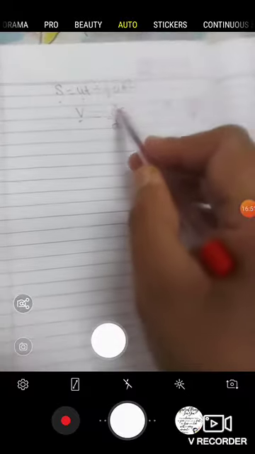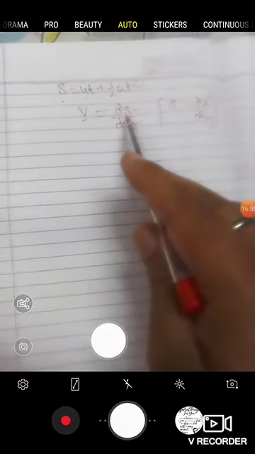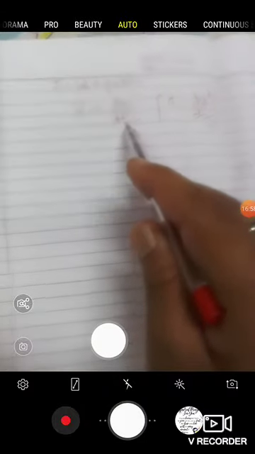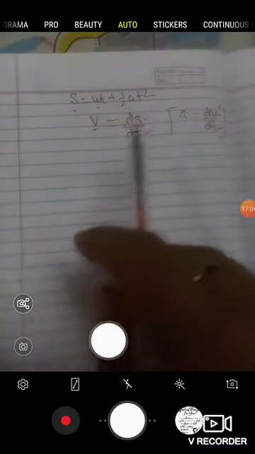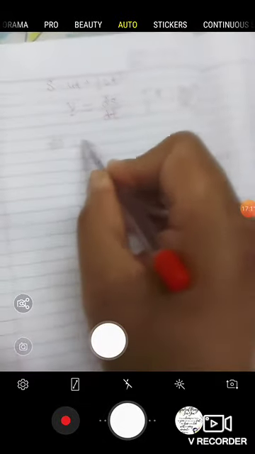Similarly, velocity is the rate of change of displacement. Here I have taken displacement in the form of s. So this is the instantaneous change in displacement and this is the instantaneous change in time. Instantaneous means a very small value, a very small interval. So finally I will write ds is equal to v into dt.